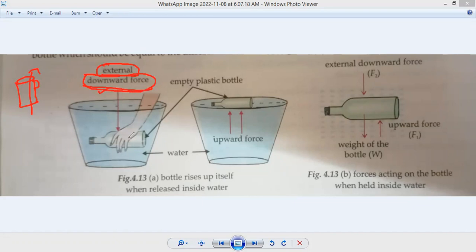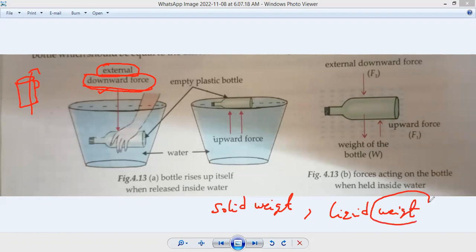Do you remember? I told you in the last class the reason behind it. What is the reason of liquid pressure? Anybody can tell? What is the reason of solid pressure? Solids also have weight, and liquids also have weight. So this weight is what causes the force, the exerting pressure.